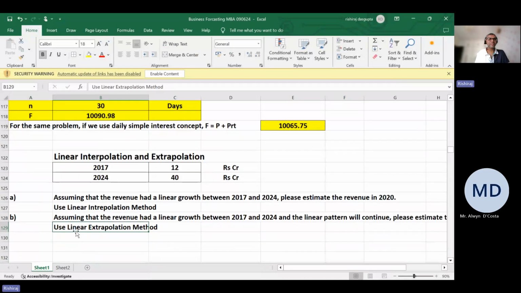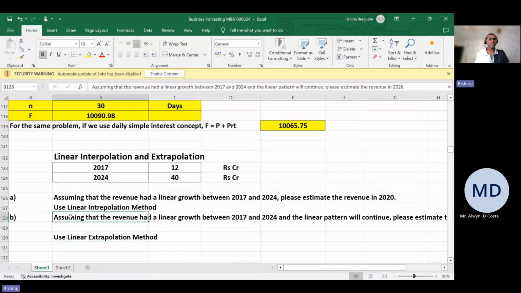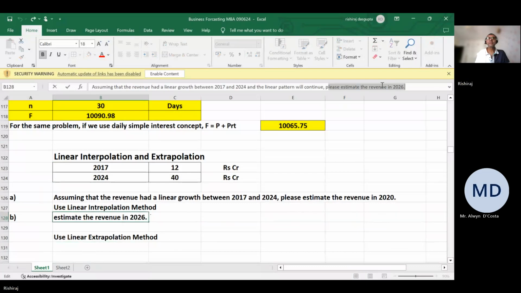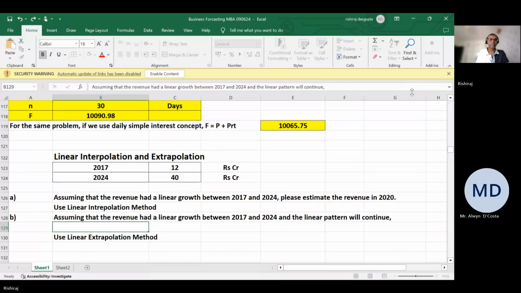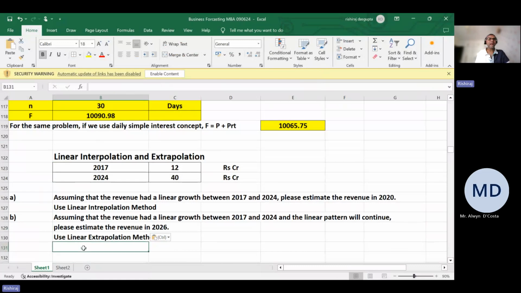So these are two questions, A and B, that we're trying to answer using linear interpolation and linear extrapolation. Right? So let's start.